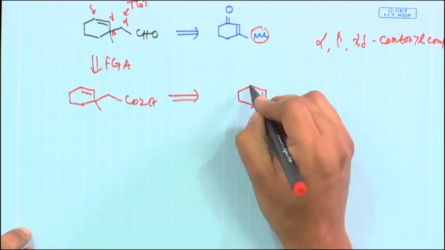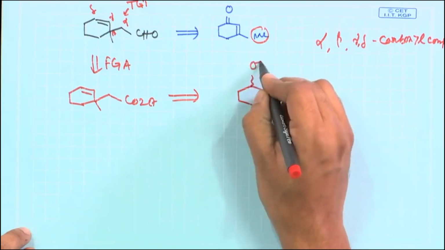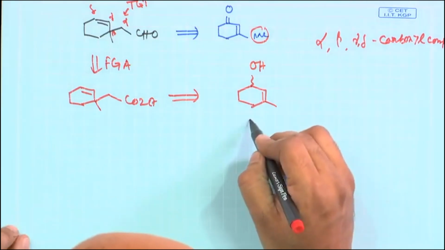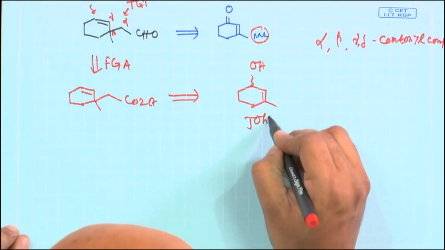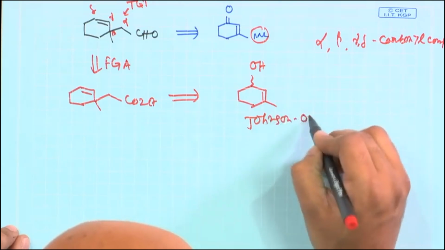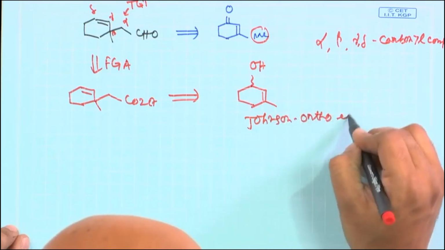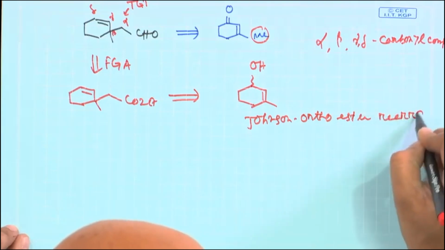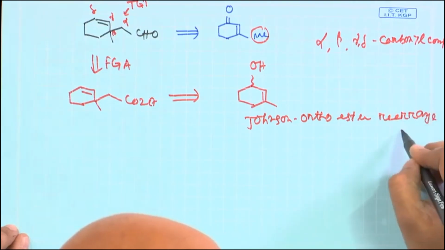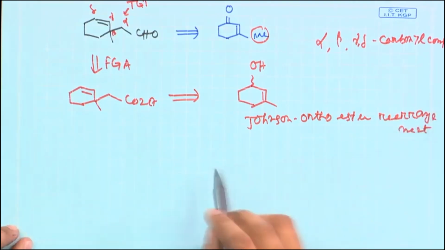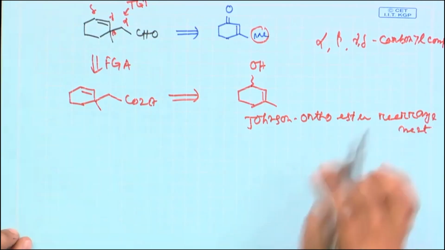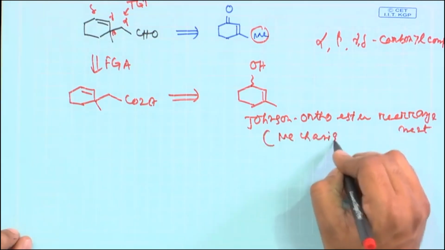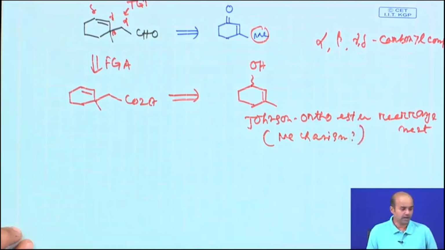The reaction we are looking for is a very important name reaction, the Johnson orthoester Claisen rearrangement. We will talk about this rearrangement and its mechanism in detail a little later.